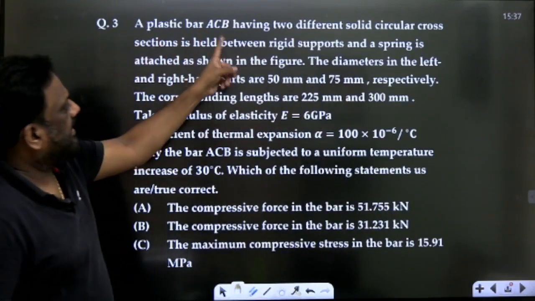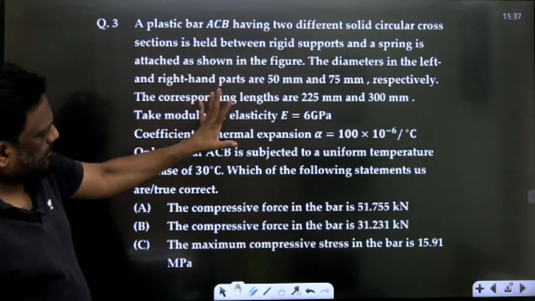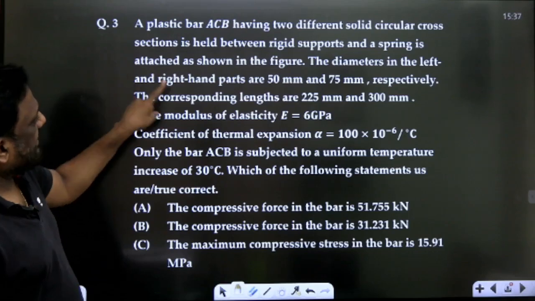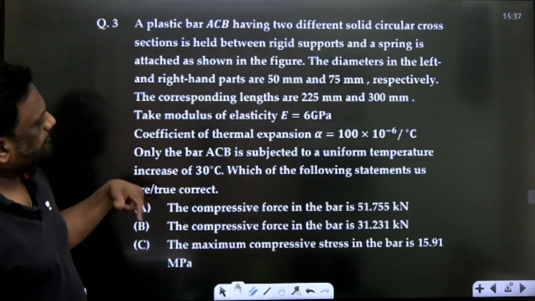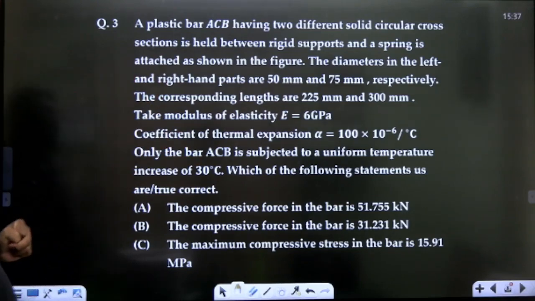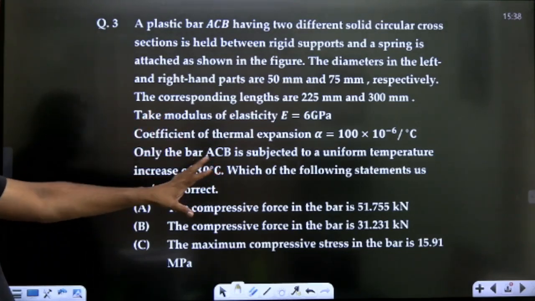A plastic bar ACB having different solid cross sections is held between rigid supports and a spring is attached as shown in the figure. The diameters in the left and right part are given. Left में 50, right part. The corresponding lengths are also given. The modulus of elasticity is also given. ठीक है sir. And the coefficient of thermal expansion is given.